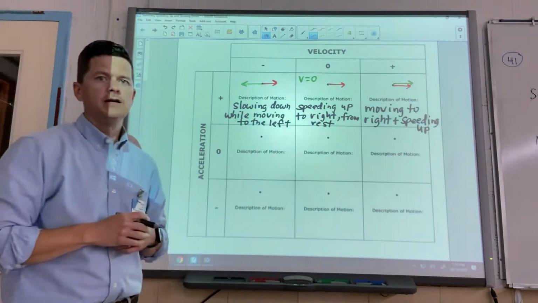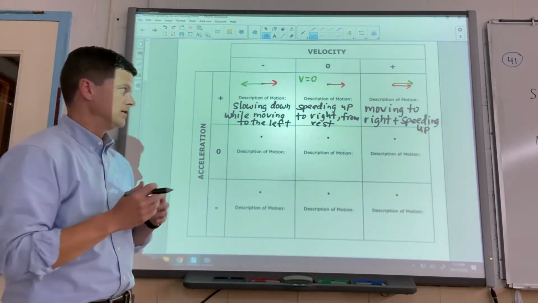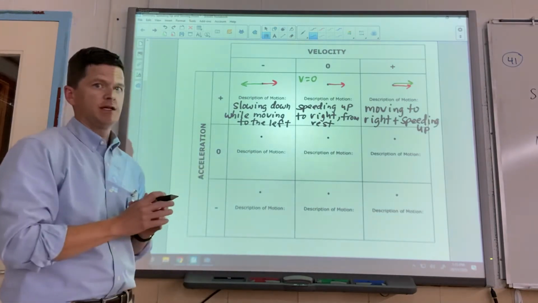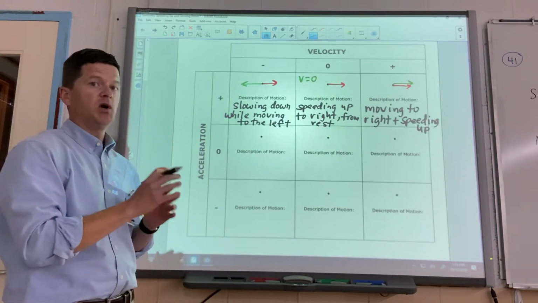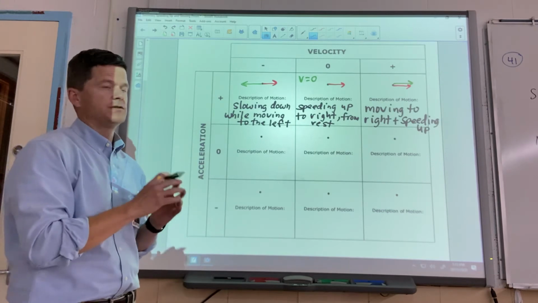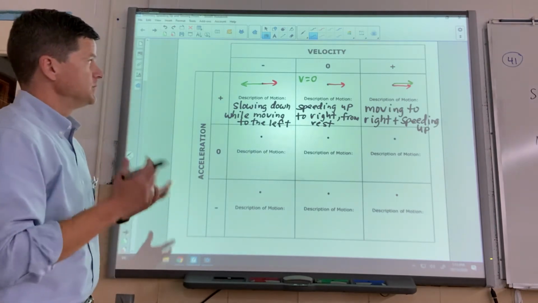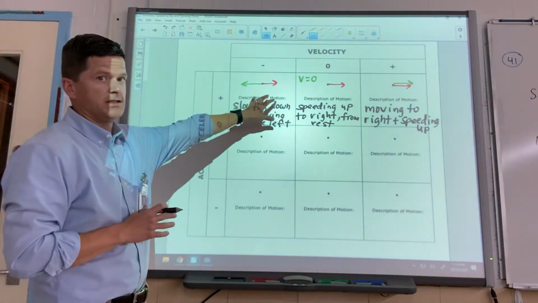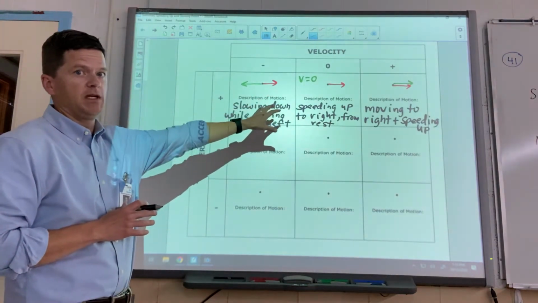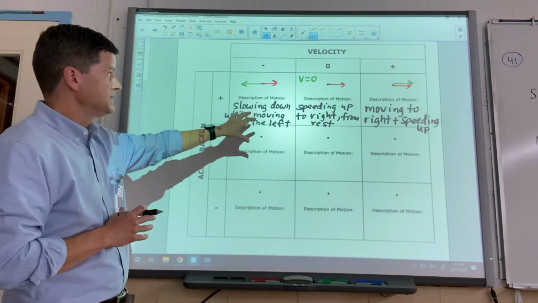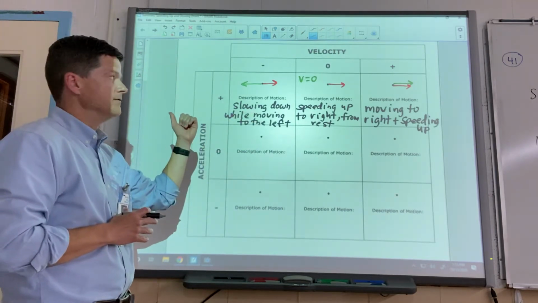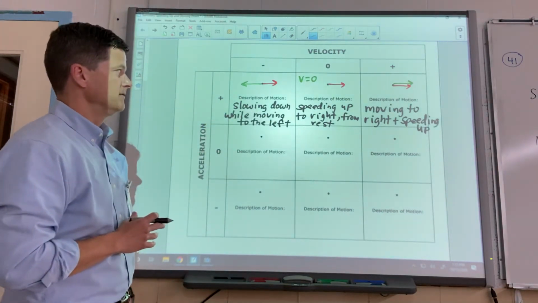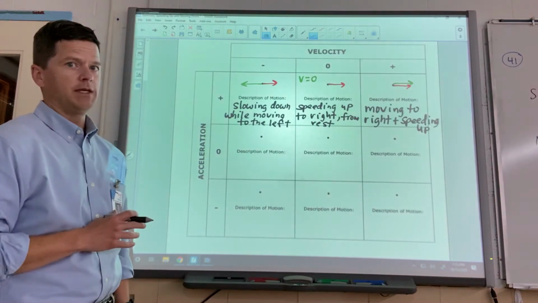And that's a key aspect of opposition in these vectors. Whenever you have the vectors opposing one another, you're going to have slowing down. So we do need to get in the habit of realizing that just to say there's a positive acceleration doesn't necessarily mean speeding up. In this case, because the velocity is negative and the acceleration is positive, the object is definitely slowing down.